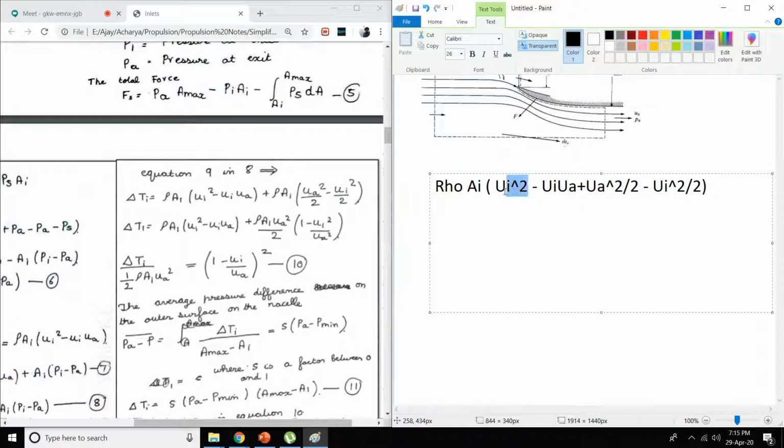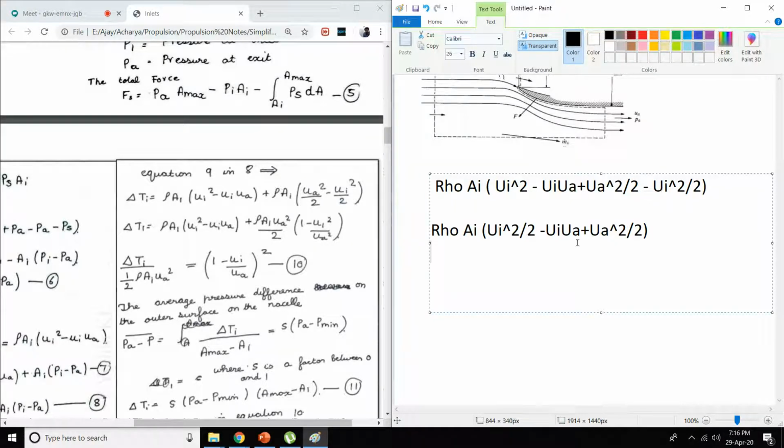Hope you are understanding. So now what you have is Ui square and Ui minus Ui square half. So in your next line, you have rho Ai into, here it is 1 minus 0.5, so therefore it is 0.5. So Ui to the power 2 divided by 2 minus Ui Ua plus Ua square divided by 2.